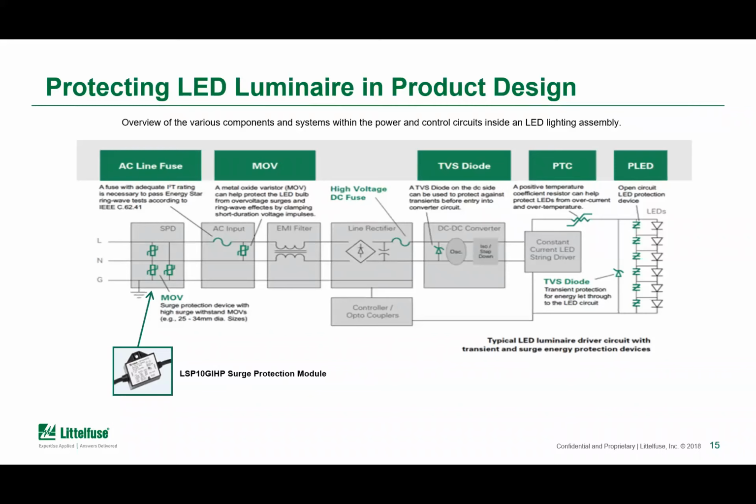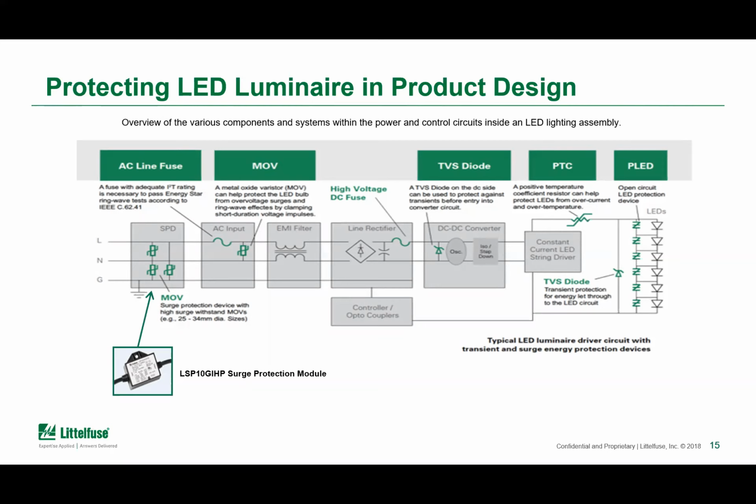So this is not sufficient to place in an outdoor fixture, especially on a roadway or something like that, or even in a structure, because it will not provide sufficient protection. In order to add additional protection, generally a protection module is added to the front end, or input side, of the driver.